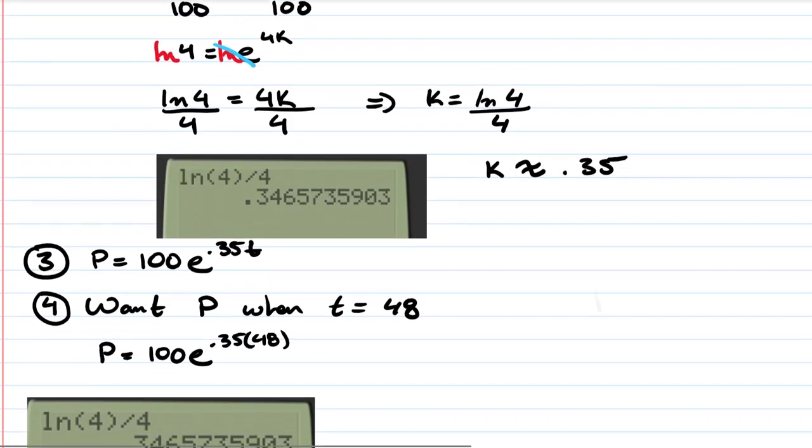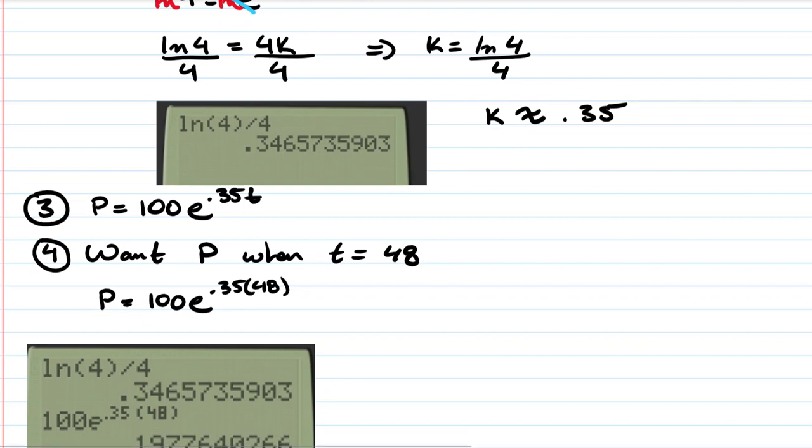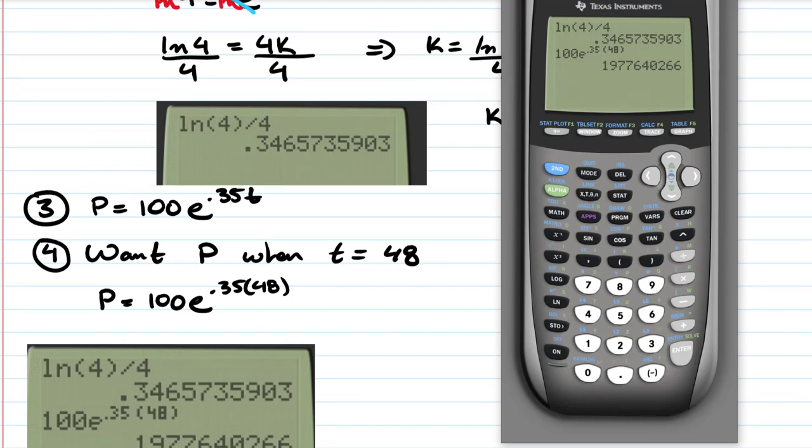So what I did up here is I calculated my k, but then I rounded it to 2 decimal places. And you're like, well, how much error could that possibly have caused by not keeping the exact value? Well, let's go ahead and try this again. So if we go the natural logarithm of 4 and we divide that by 4, we get this number.